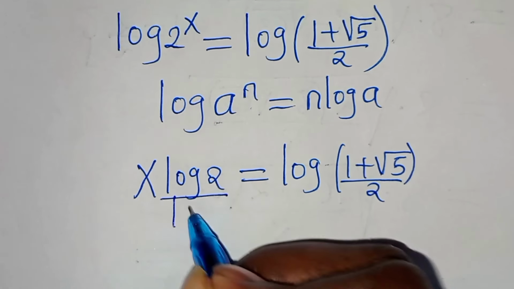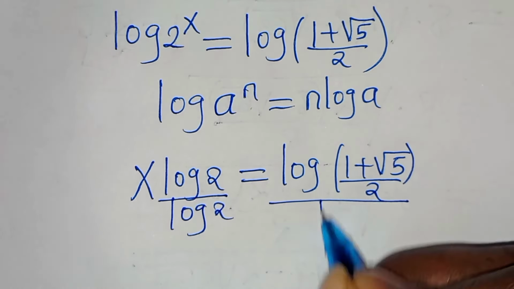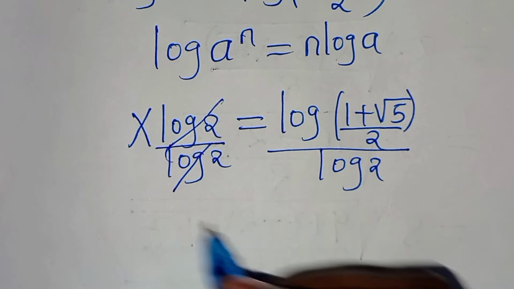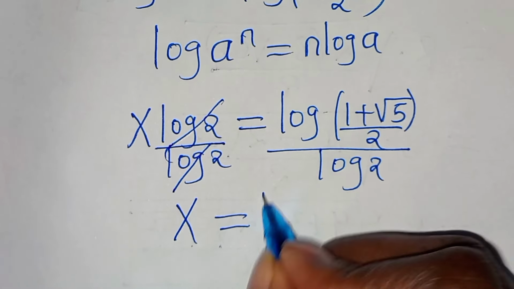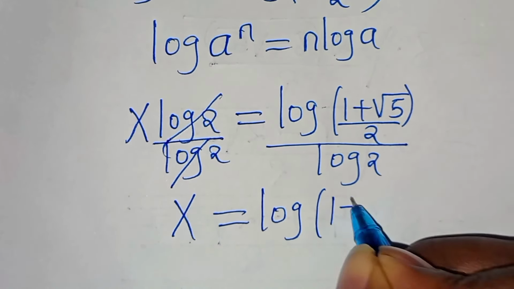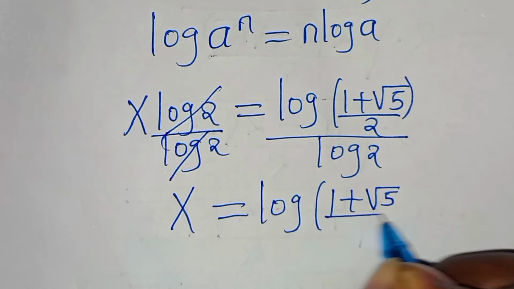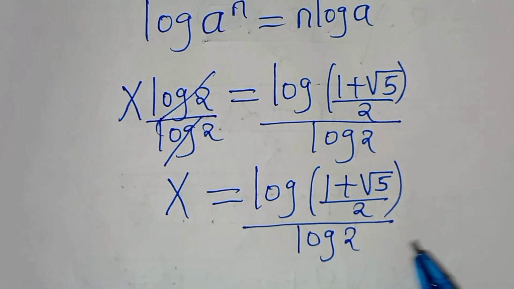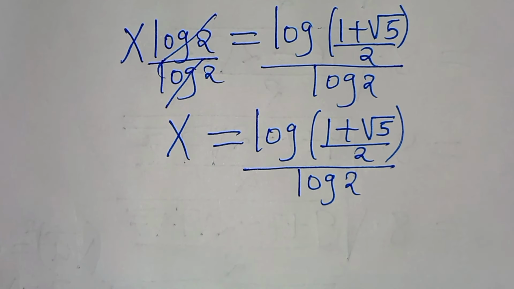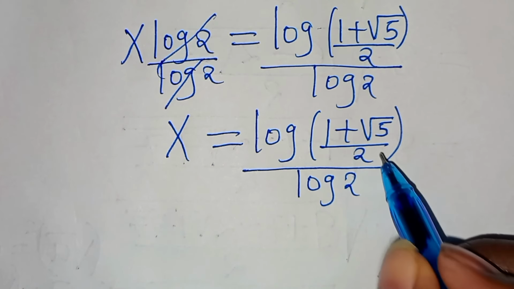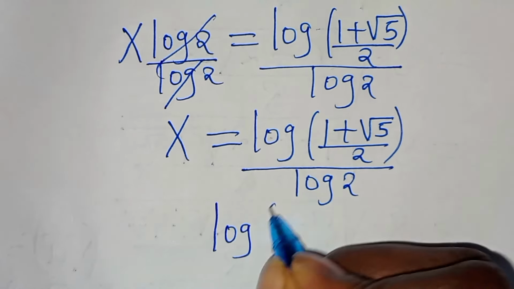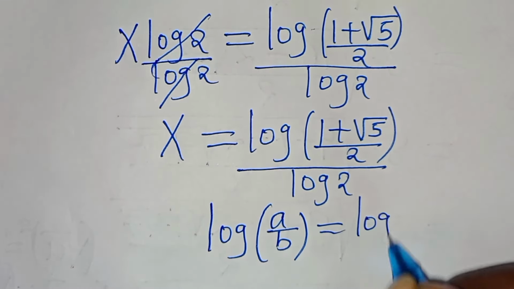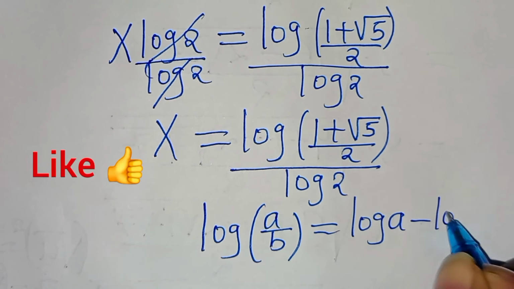Now let's divide both sides by log 2. So that now we simplify, and therefore we have x is equal to log of (1 plus square root of 5) divided by 2, then everything divided by log 2. The next step is that log of (1 plus square root of 5) over 2 is in the form of log a divided by b, which we can express as log a subtract log b.